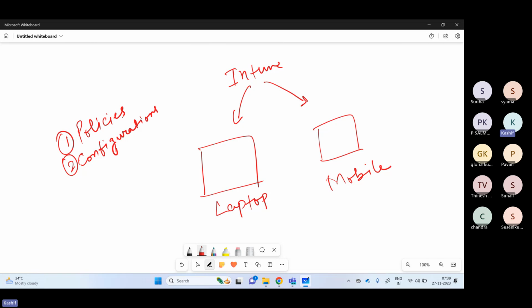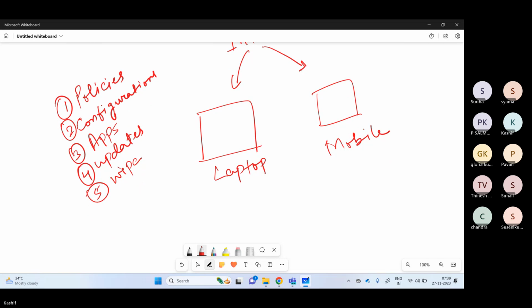We can deploy apps, applications. We can deploy updates. We can wipe the device. We can deploy a wipe command so that the device will get wiped out. It will do a factory reset of the device, etc. So there are many things which you can do through Intune.